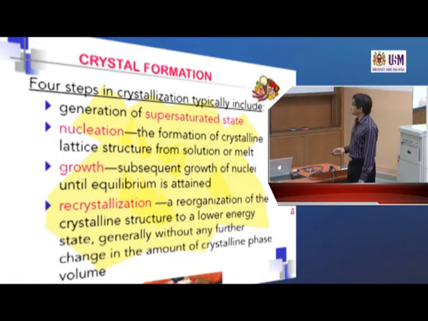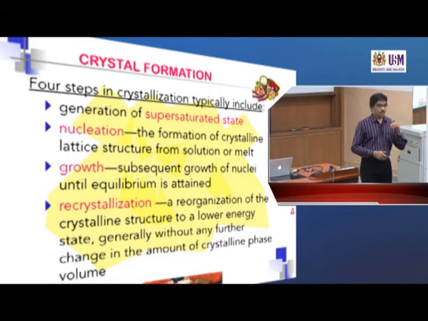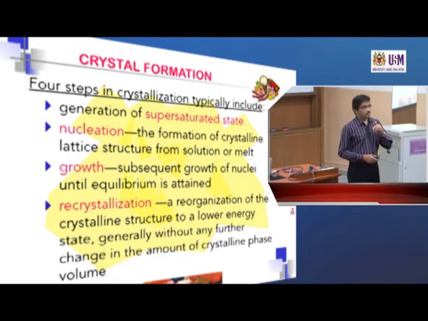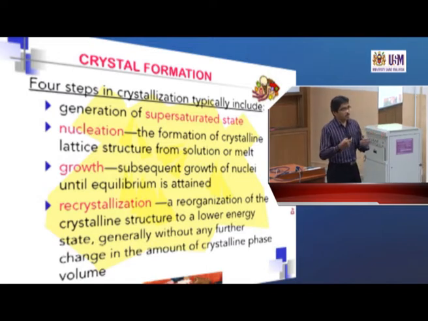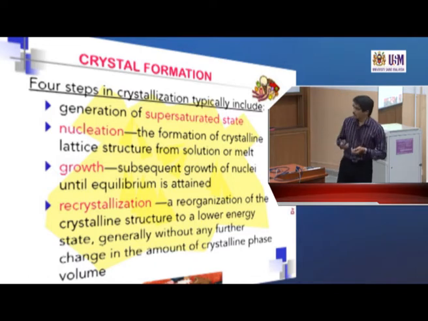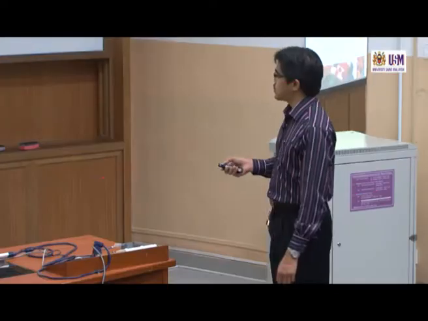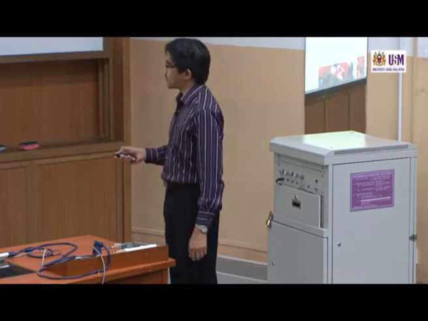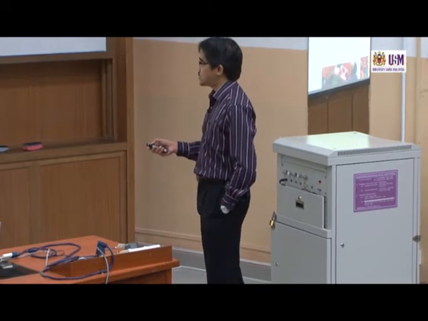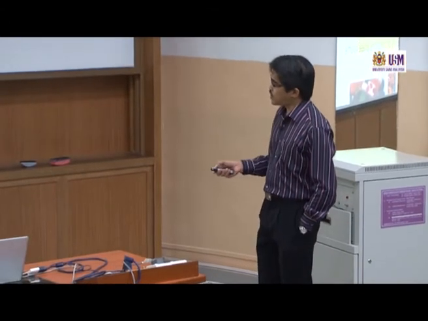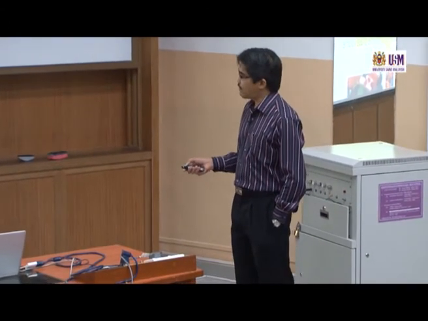Recrystallization is actually not really a step in crystallization. The main step in crystallization stops at the growth, but we can also get this phenomenon of recrystallization if the system has not reached the equilibrium, or if the crystal has melted and recrystallized. So the process of recrystallization is a reorganization of the crystalline structure to a lower energy state, generally without any further change in the amount of crystalline phase volume.